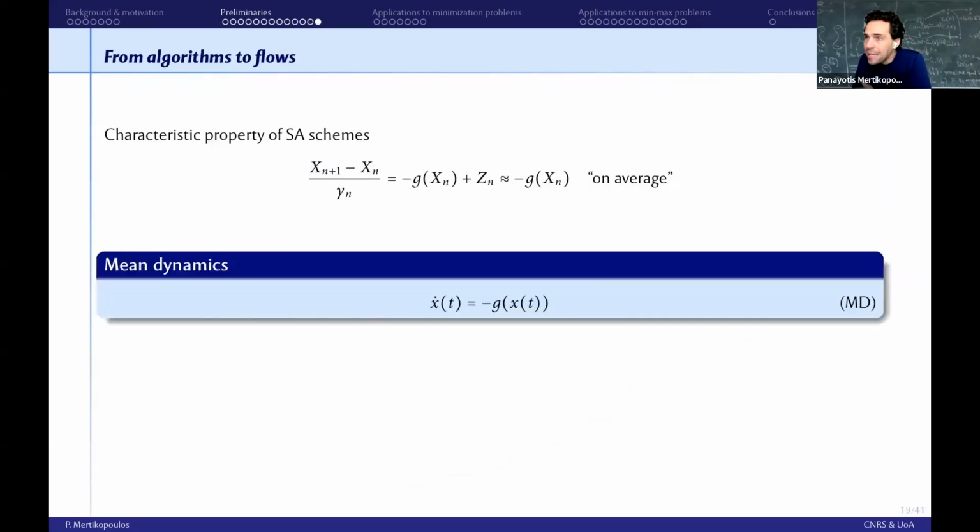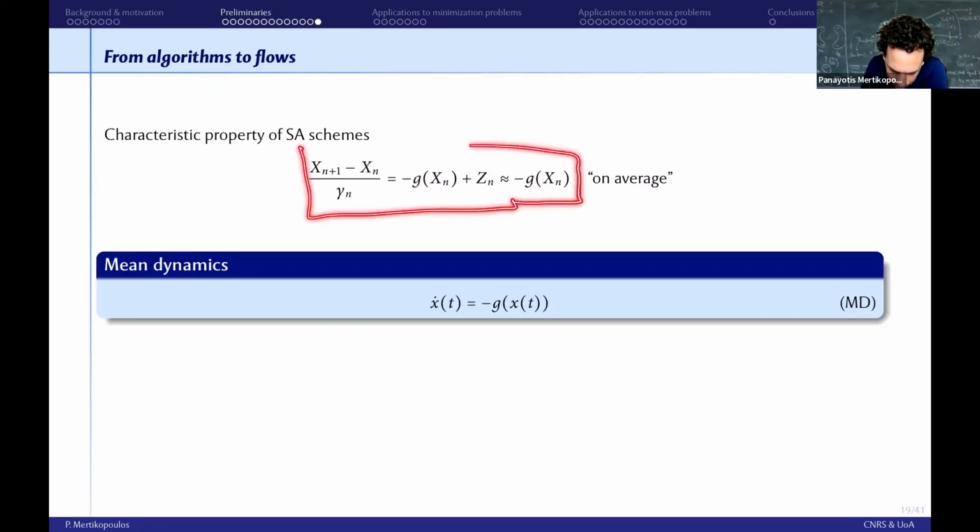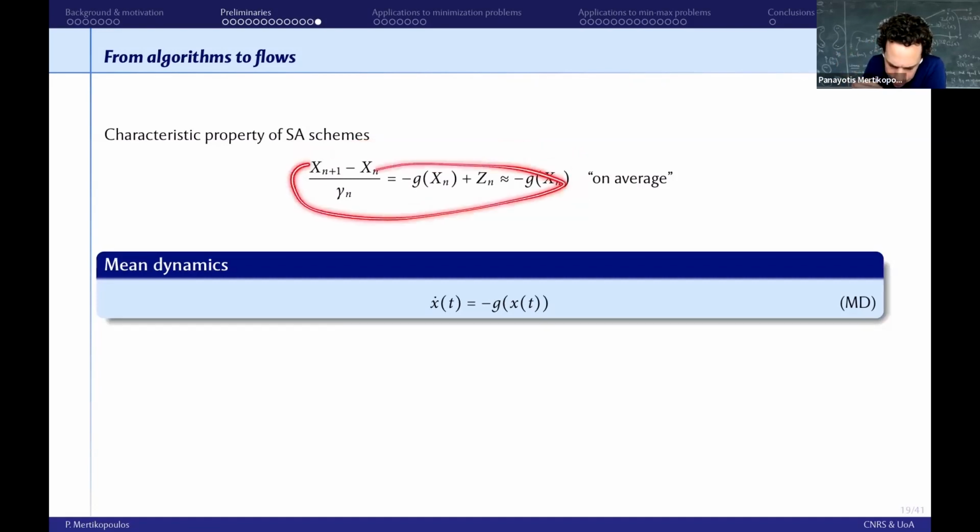And the main idea of the stochastic approximation method is that if we go back to the definition, essentially what we see is that on average, it is as if we are taking a discretization of a differential equation.